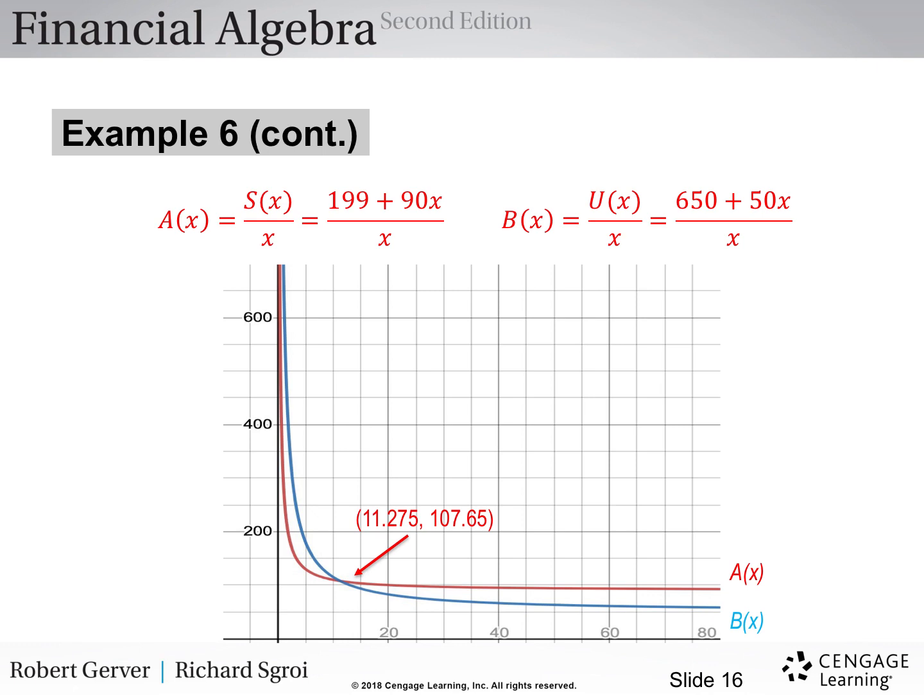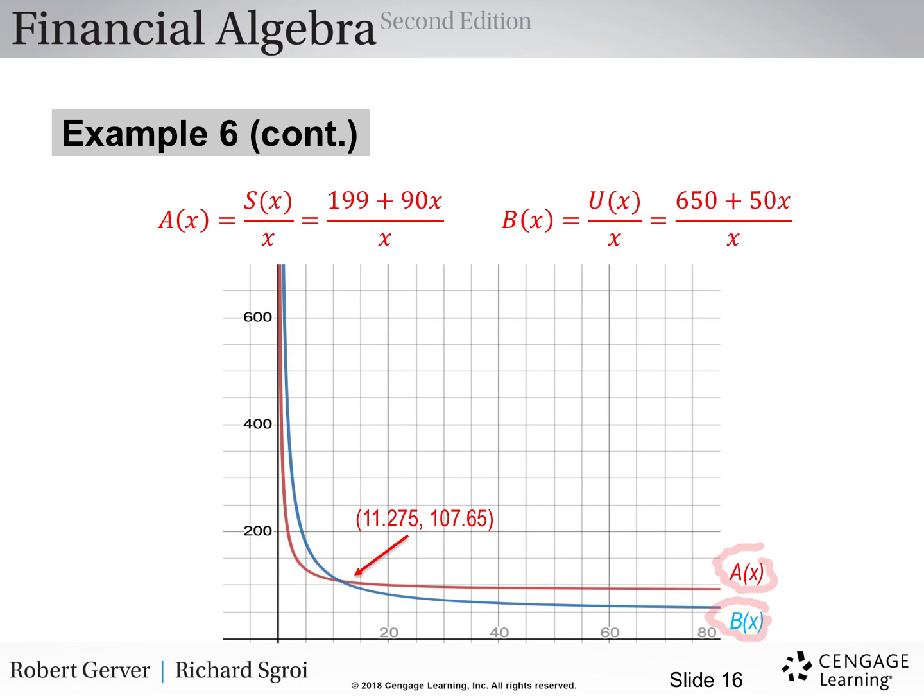If you graph both of these, you'll see that the blue line here is the unsubsidized, and the red line is the subsidized. And this is going to be the cost per unit time, all right?